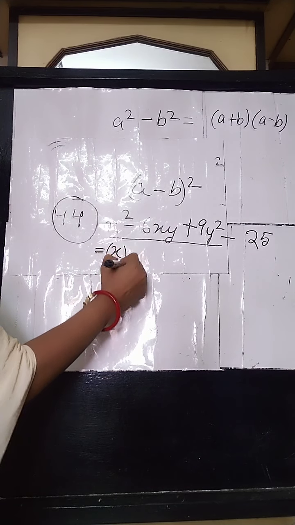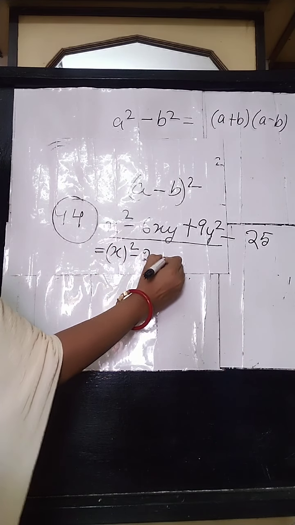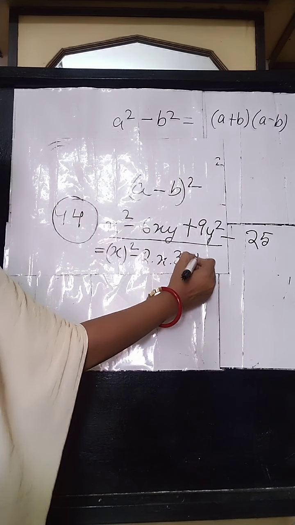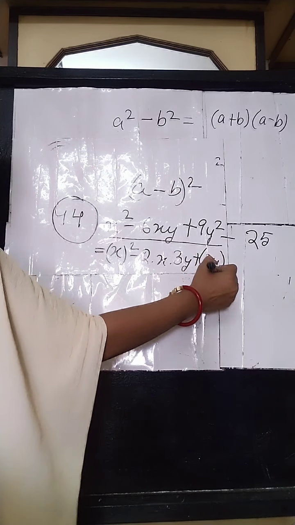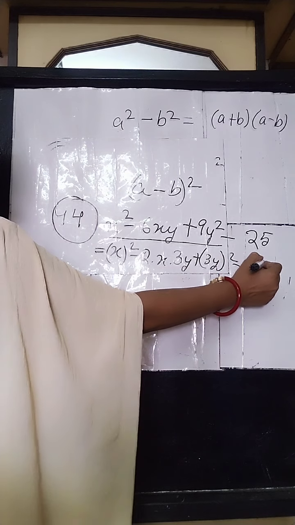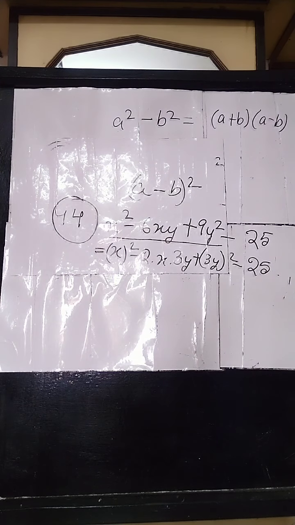Suppose x square minus 2 into x into 3y plus 3y whole square. If we write like this, and 25 we will keep as it is.